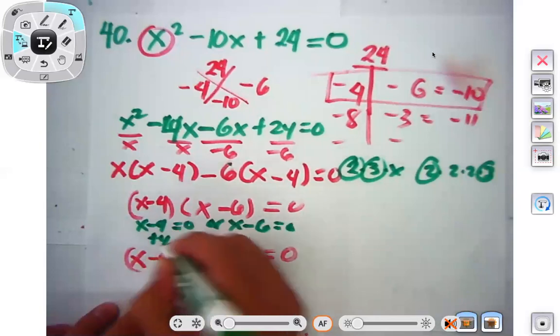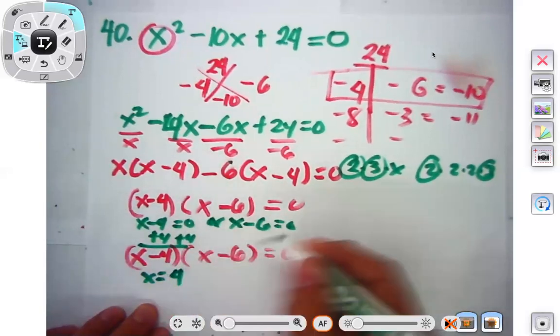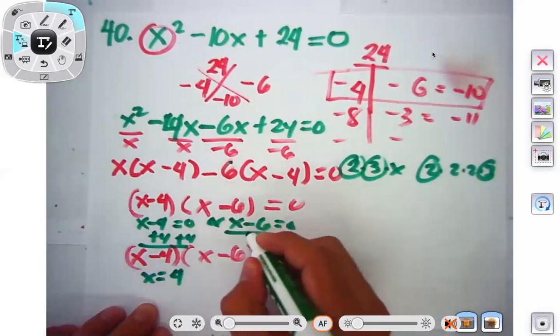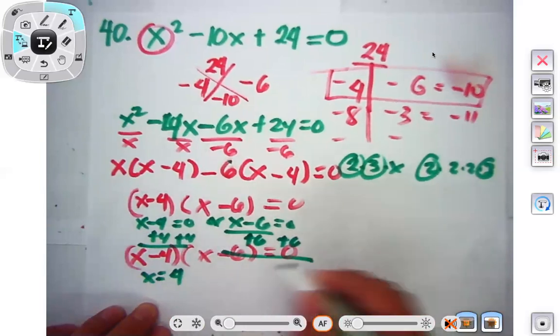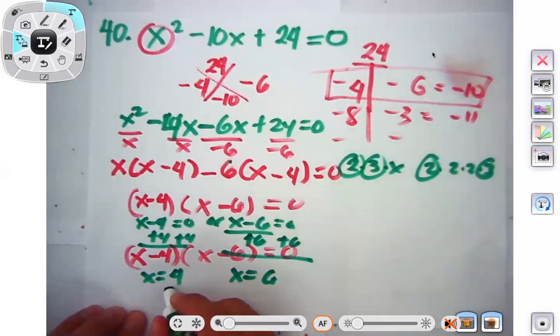That is plus 4 plus 4. Now what's your x? x is equal to 4. This is, all right, plus 6 plus 6. x equals 6. So your solutions are 4, 6.